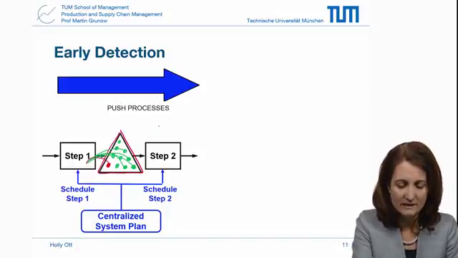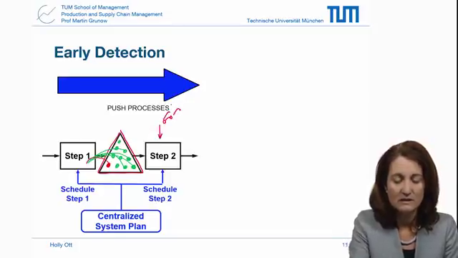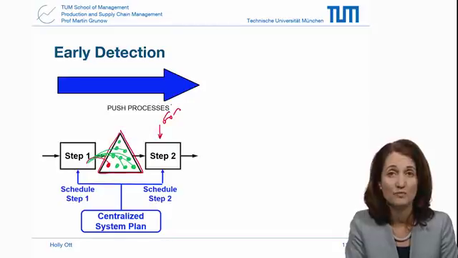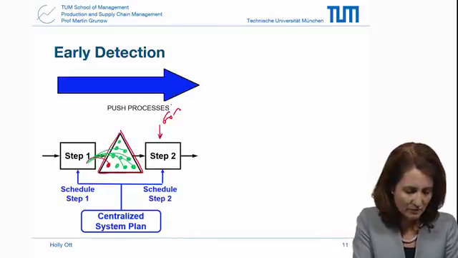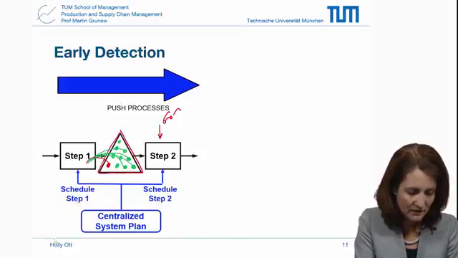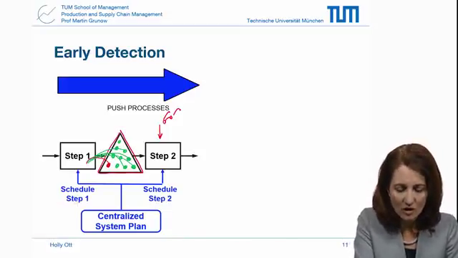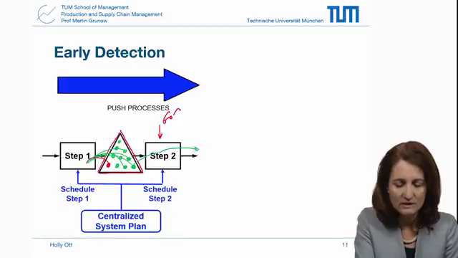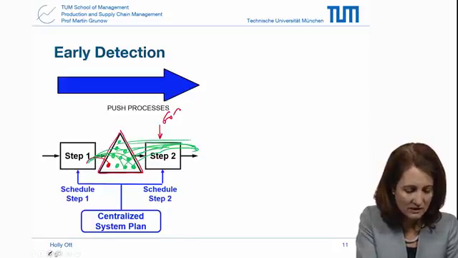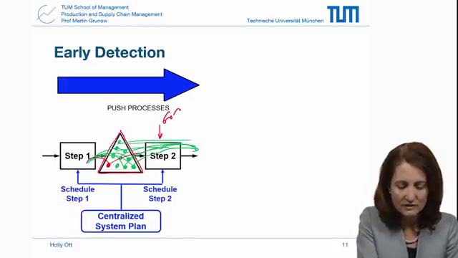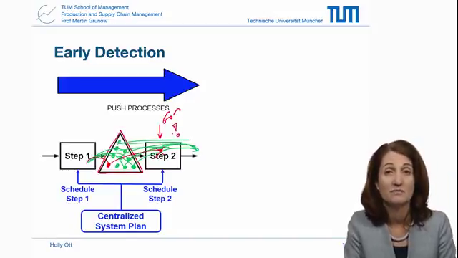Now, in the best case, you'll detect this defect at step 2. But because there's so much inventory built up between step 1 and step 2, all of these good parts have to be processed before the defective part will move to step 2 and the defect will be detected.